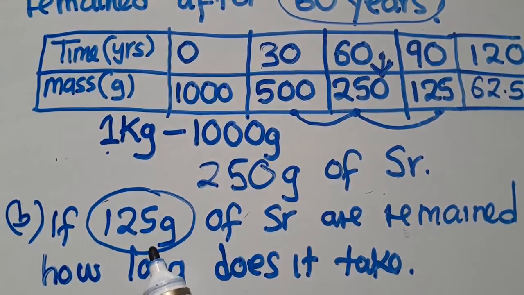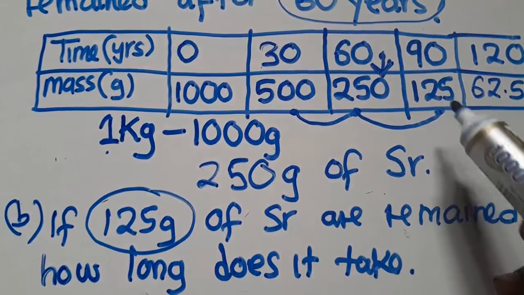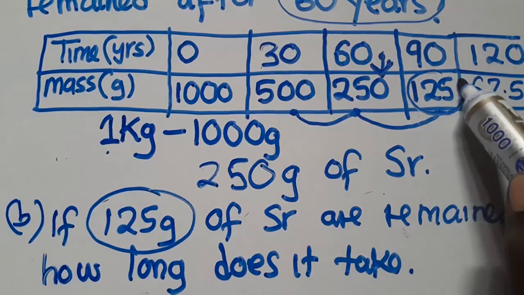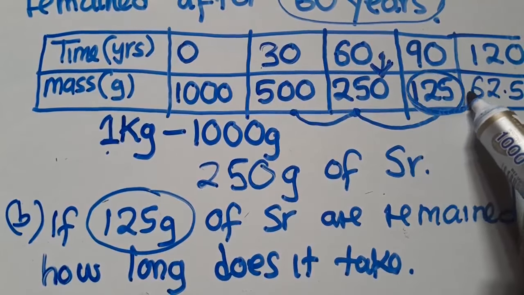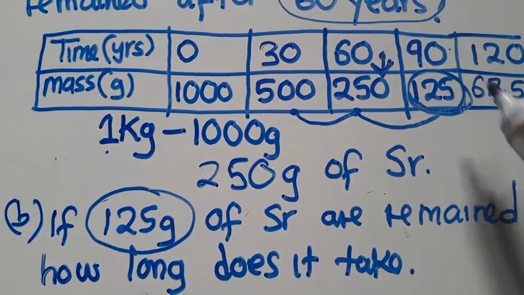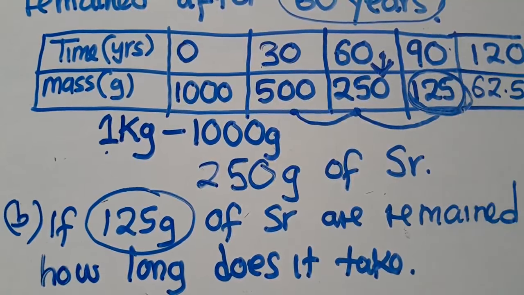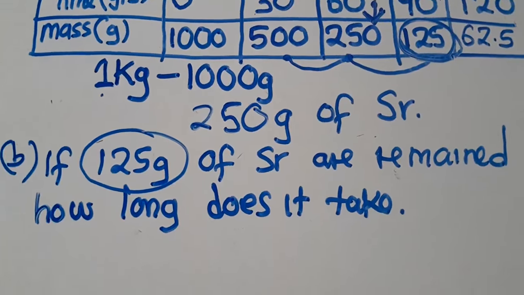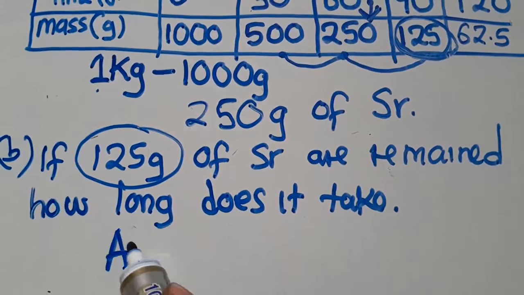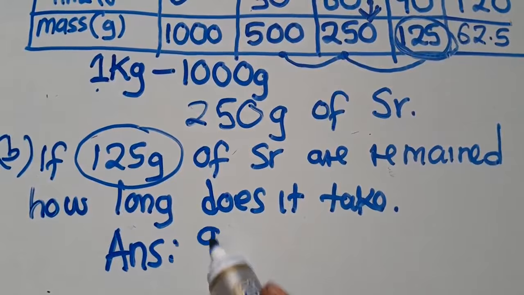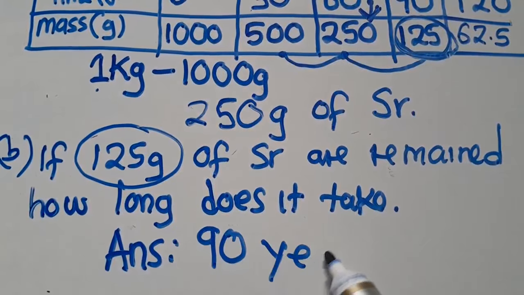Where is 125? 125 is here. How long? 90 years. So you put your answer there. Your answer is just 90 years.